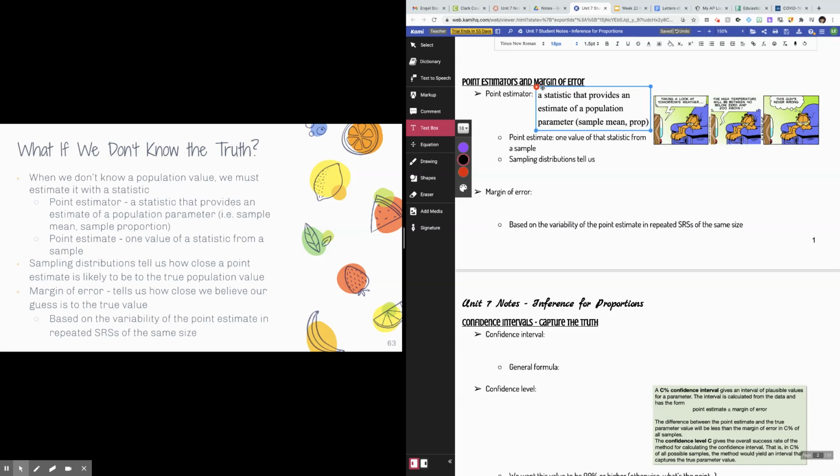And a point estimate is just one value of that particular statistic. So your point estimators are your x bars and your p hats. Again, just to recap, sampling distributions tell us how close a point estimate, a sample value, is likely to be to the true population value.